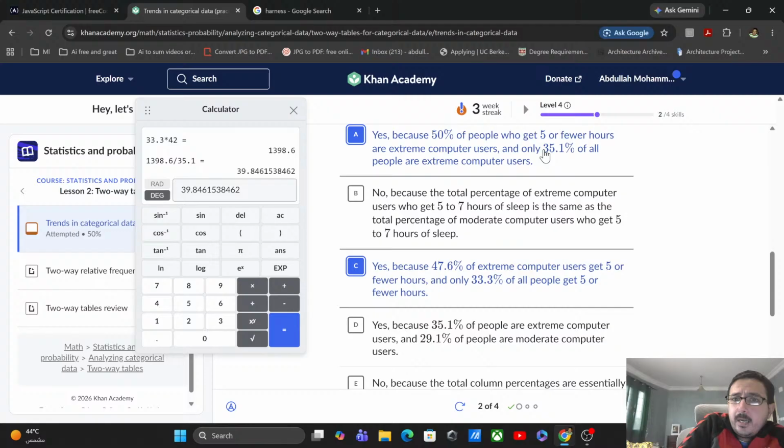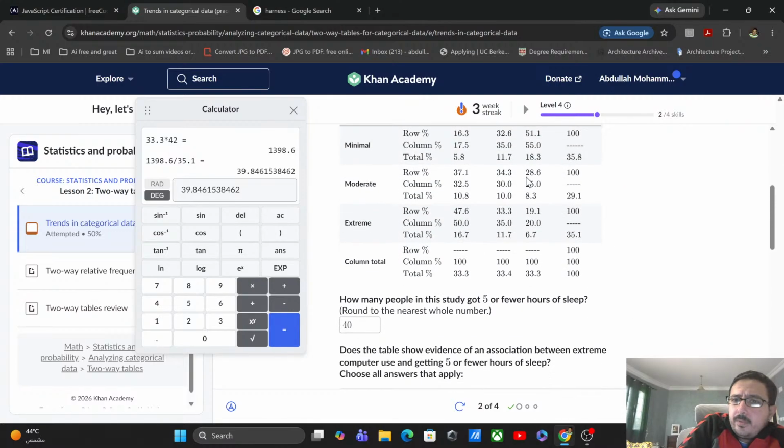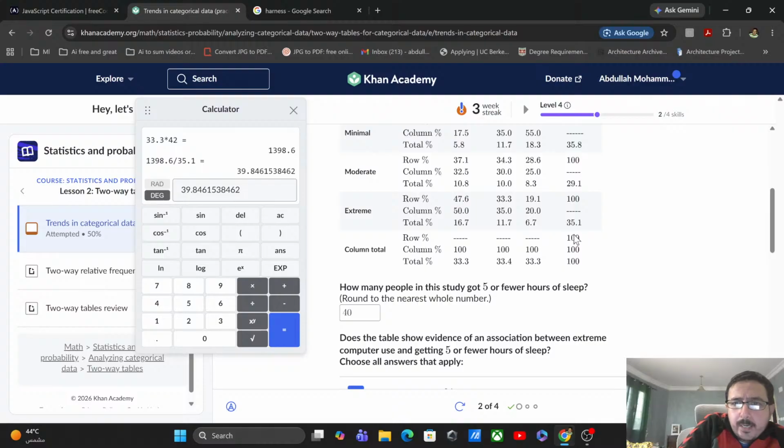Out of the... I don't understand. People are extreme computer users. Okay, correct, but what does that have to do with the 50%?